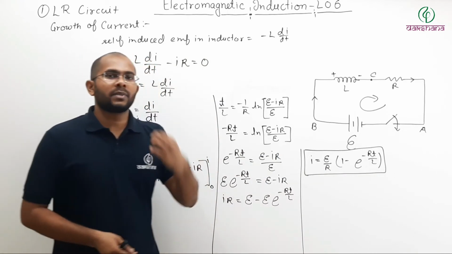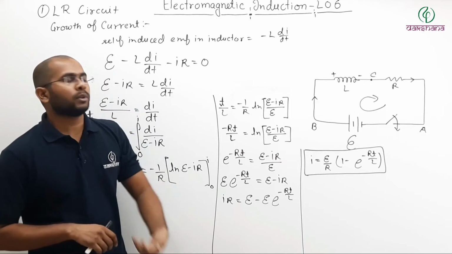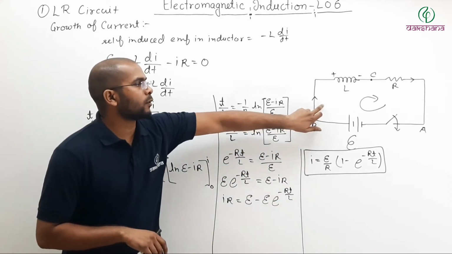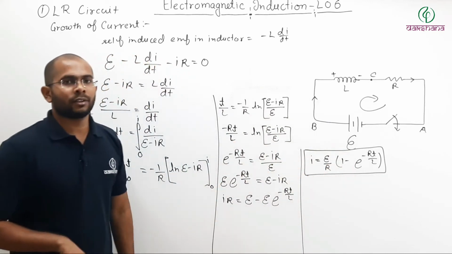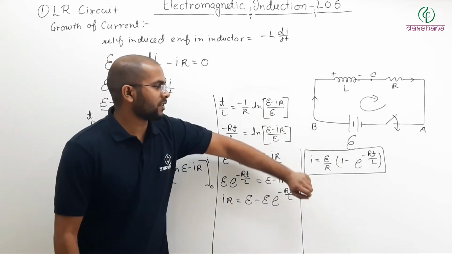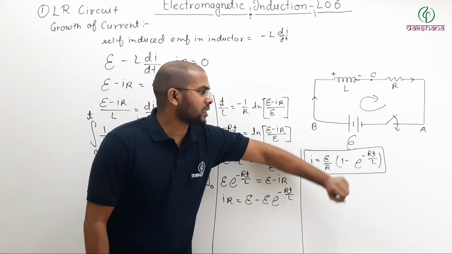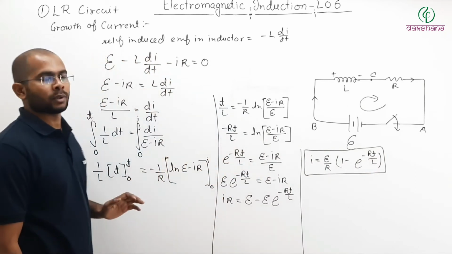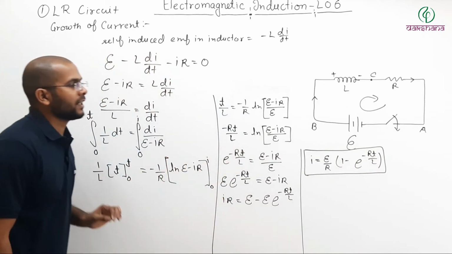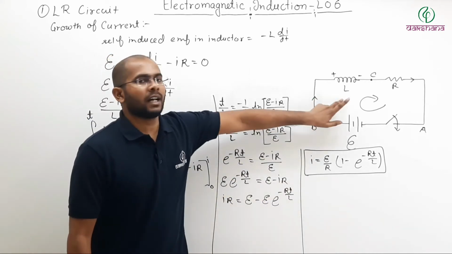In the meanwhile, at a given time t, if you want to know how much current is flowing in this circuit, this is the formula you can use. EMF, resistance and inductance are known; only time you have to put. So this way you can find current as a function of time in an LR circuit.